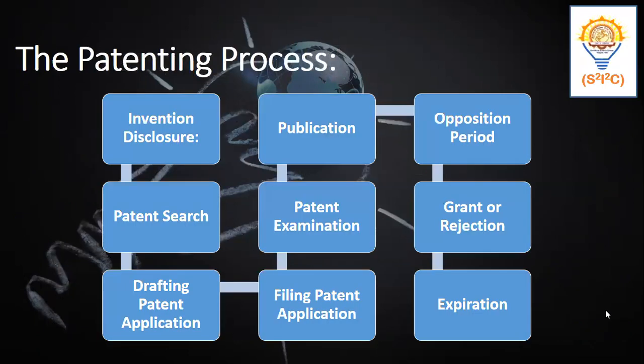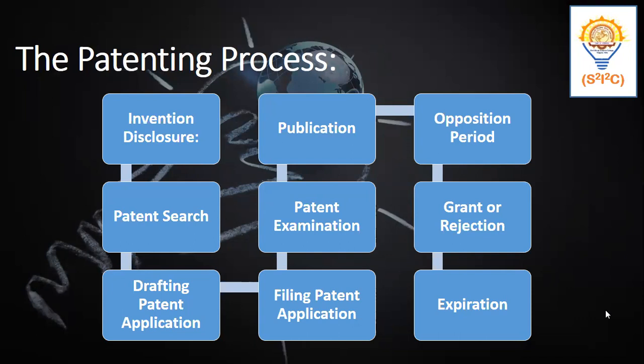Now, what is the patenting process? How can we go for filing a patent in the various patent offices, like in India or any other countries? There are some basic processes. The first one is invention disclosure. If you have an idea, first file a provisional specification in the patent office.